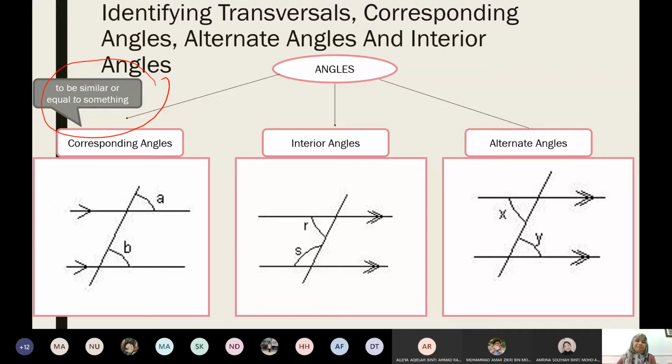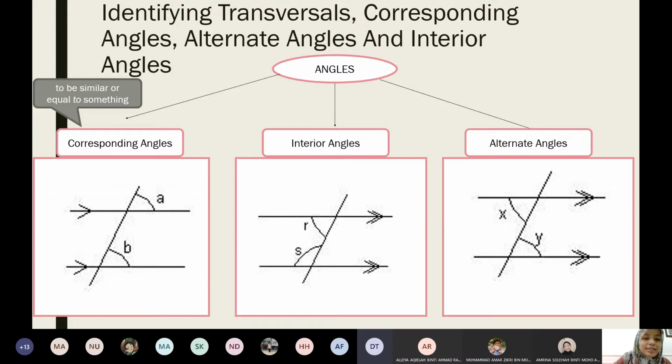Okay, so kita dah gunakan tips huruf untuk kita kenal pasti kita punya corresponding angles, interior angles and alternate angles. So siapa yang boleh turn on mic boleh jawab sama-sama lah dengan saya. Okay, corresponding angles kita tengok huruf apa?